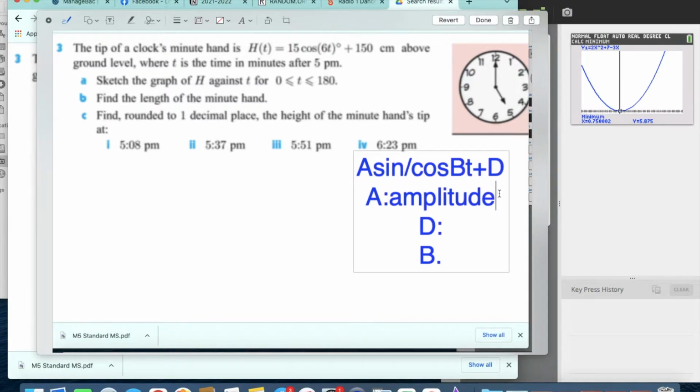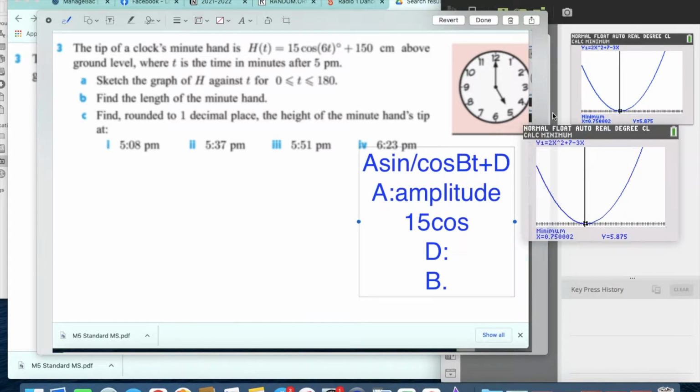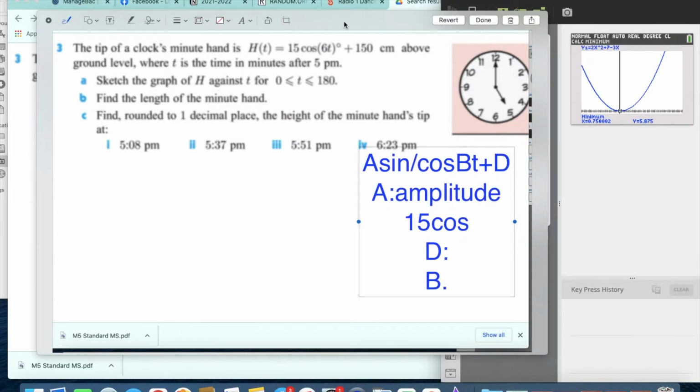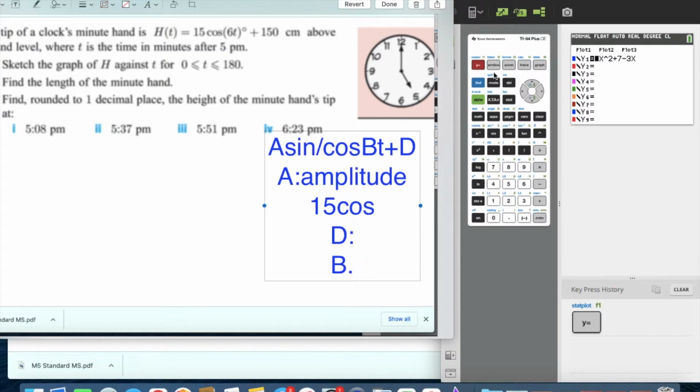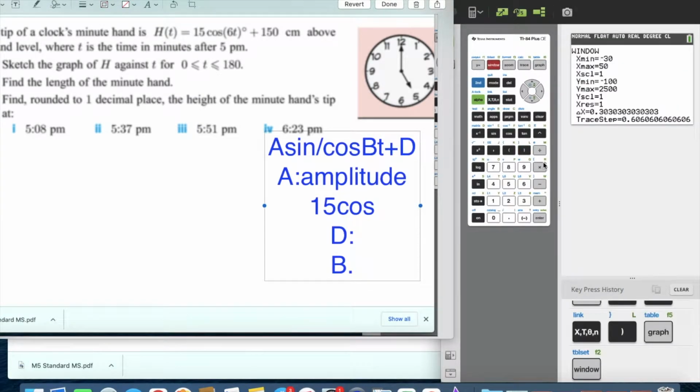So I'm going to draw a brief sketch with the assumption that our graph is to do with 15 cos. So what we've got to think about is the normal cos graph. If we go into y equals and we type in cos of x, you can see what the normal cos graph looks like. We need to make sure we change our window.